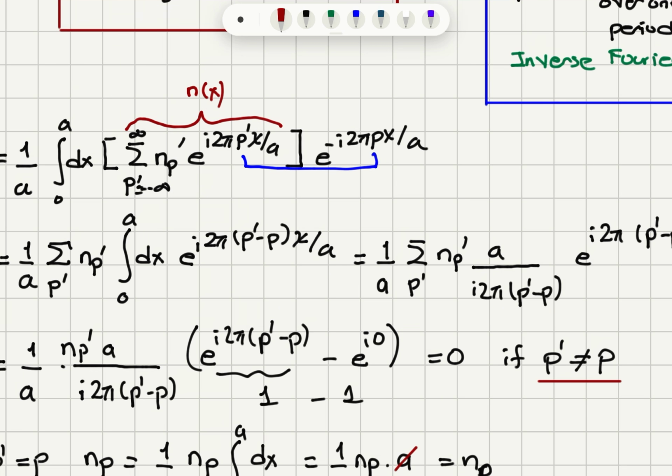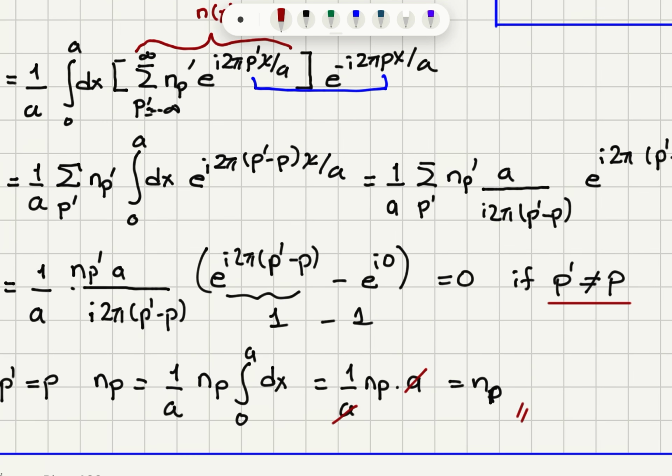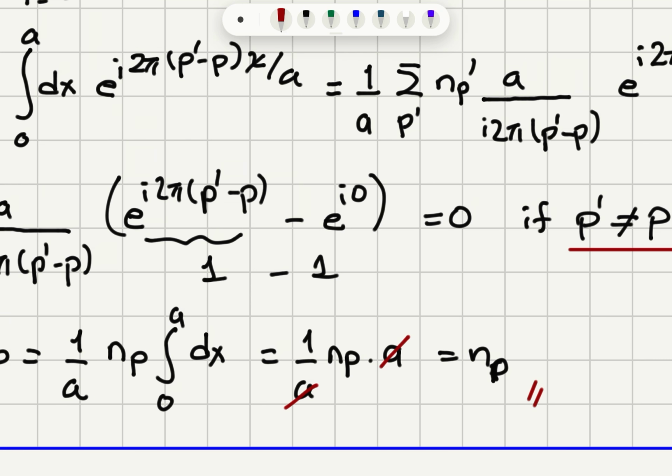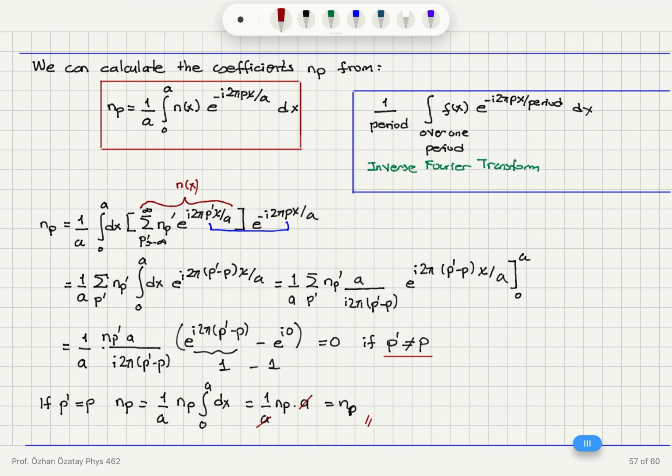And then I have the integral from 0 to a dx e to the i 2 pi (p prime minus p), and since p prime is equal to p, p minus p is 0, so that's 1. So I obtain 1 over a, n p, integral 0 to a dx, 1 over a, n p, the a's cancel, and I find n p indeed. So this integral gives me a non-zero value only for p prime equal to p.